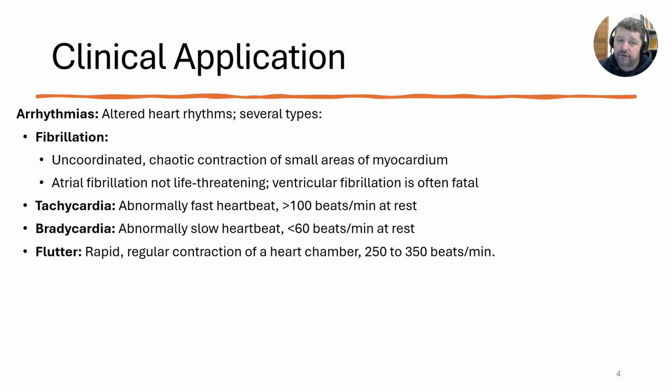Bradycardia is an abnormal slower heartbeat, less than 60 beats per minute. A flutter typically means that there are normal beats and then you might have two contractions that happen back to back. So you get normal regular contractions and then a flutter, which would be a rapid onset of a contraction.